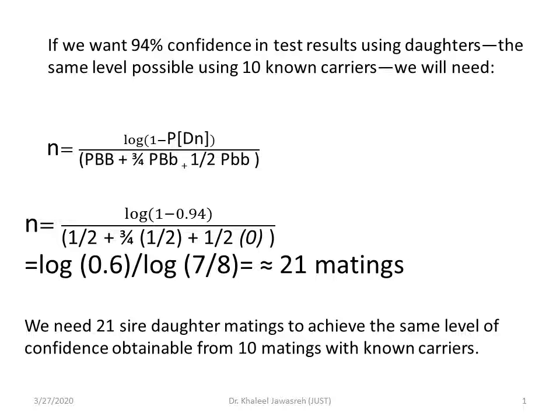So we will use this equation, n equals the log of 1 minus the probability of the confidence, over the probability of being B capital plus 3/4 of the probability of B capital B small plus half of the B capital B small.